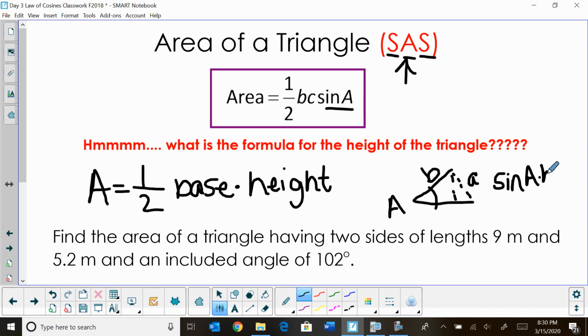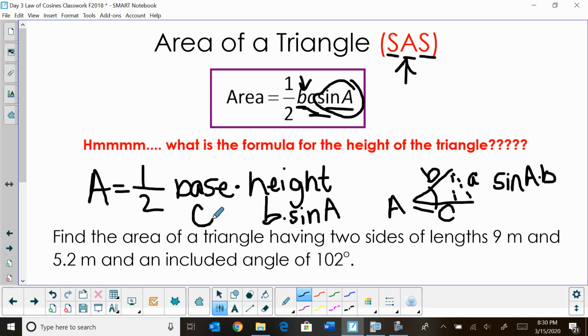Look in our formula, and you can see we have sine A times B right here. That part is actually the height. So what's left in our formula? C is left, and C would be the base of the triangle.